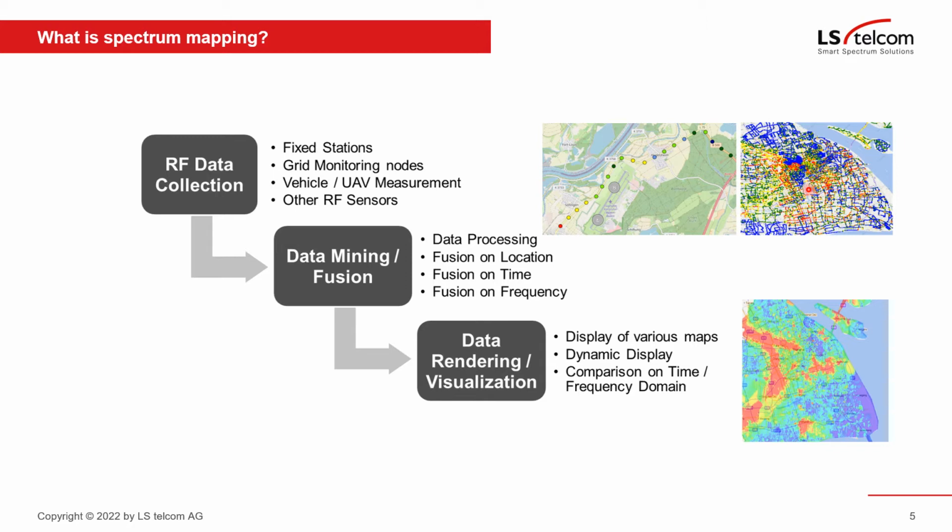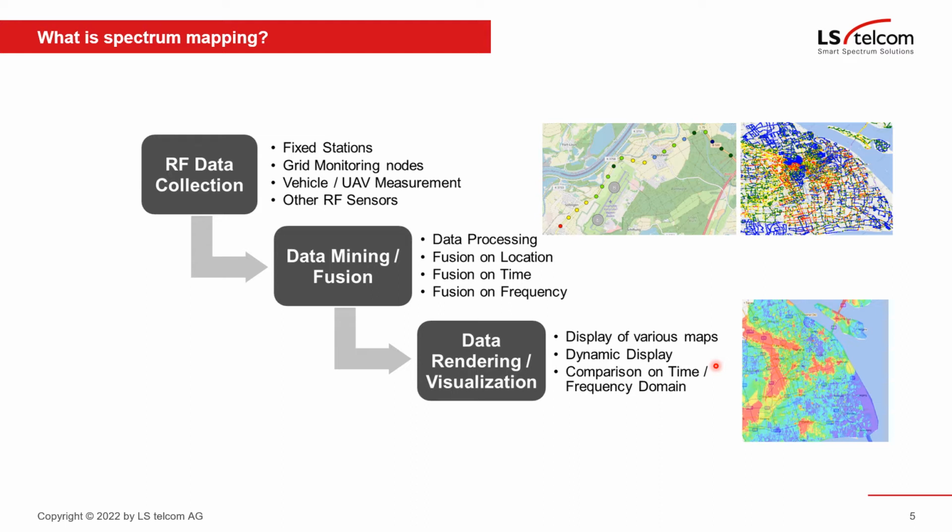So now spectrum mapping comes into play. What our solution, Spectrum Map, does is combine monitoring data from drive tests, from fixed monitoring stations, and from other stations like portable or even flying monitoring units. It takes all the data together for the entire spectrum of interest and then presents the user with a continuous map.